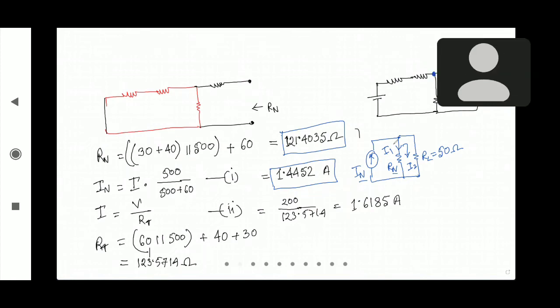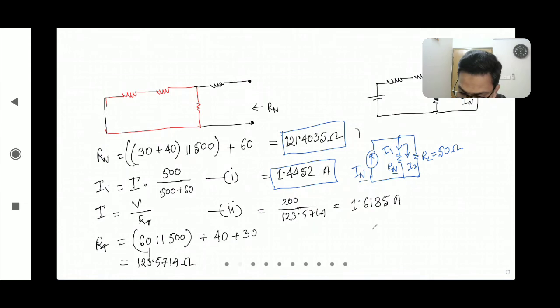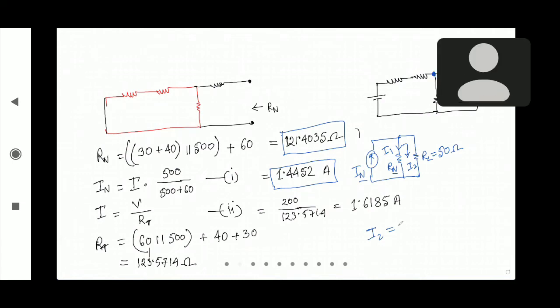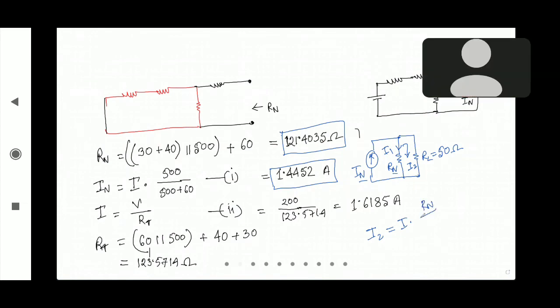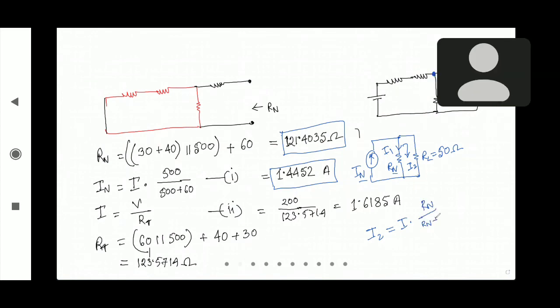Yes, sir. I also got that. Okay, so what is the value of I2, that means through the RL? I into Rn divided by Rn plus R2.